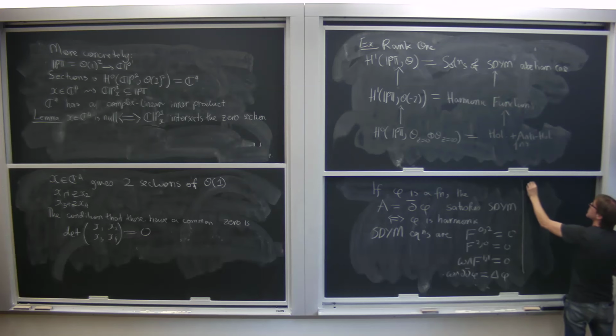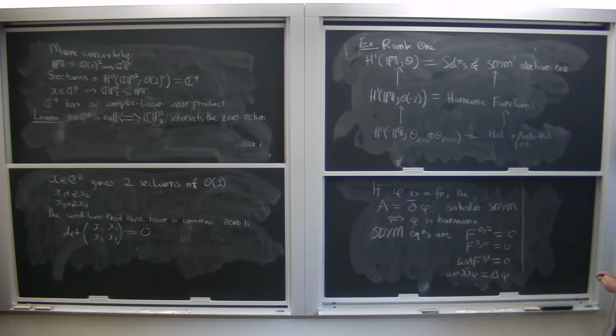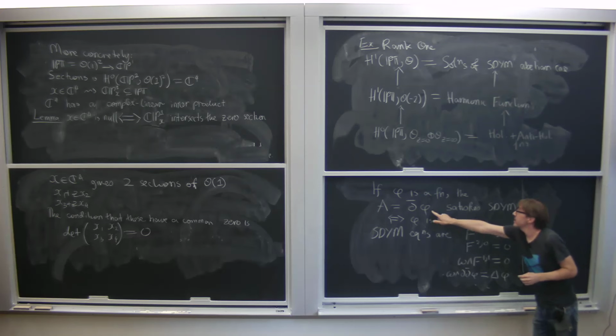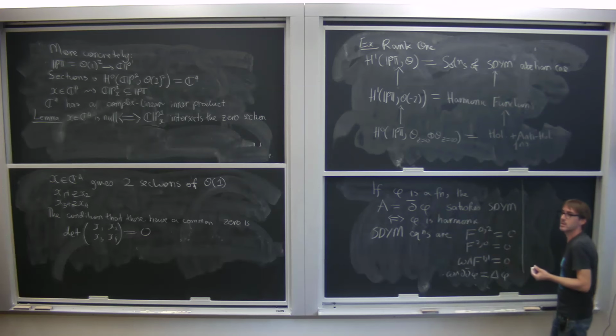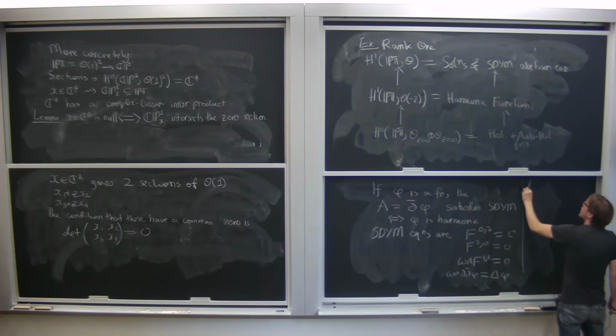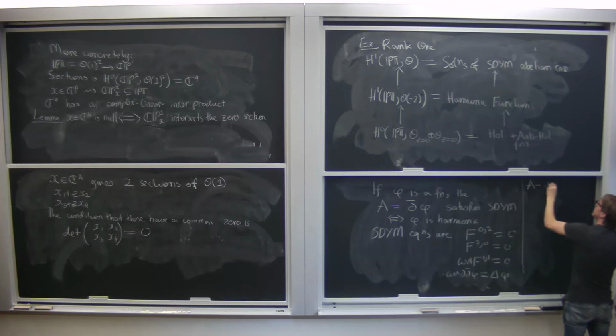Yeah, because, what am I saying? I'm messing something up. The point is, if I add something holomorphic, this literally doesn't change, because d bar of the holomorphic thing will be 0. So A minus d phi is del phi. So these are gauge equivalent.